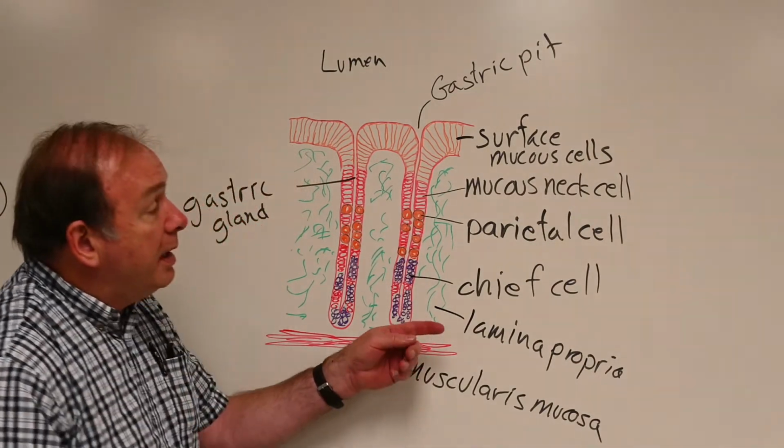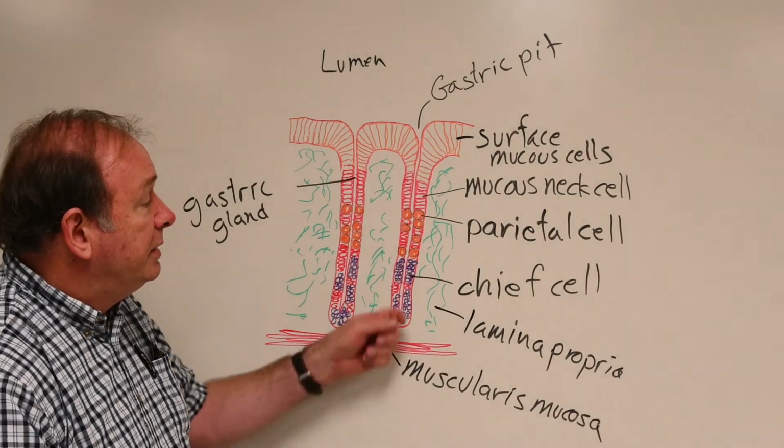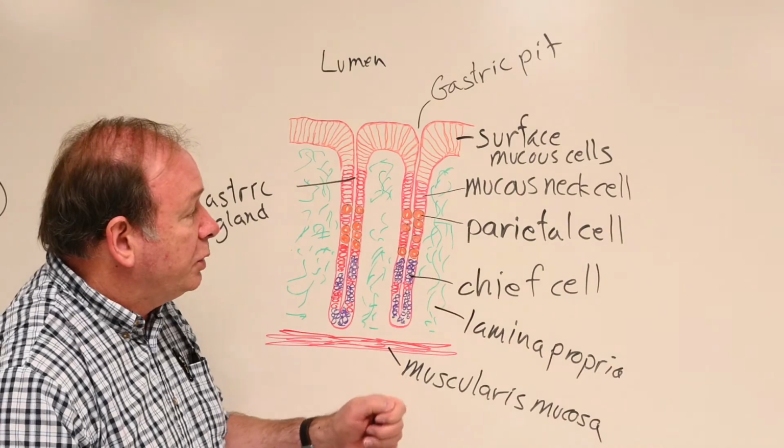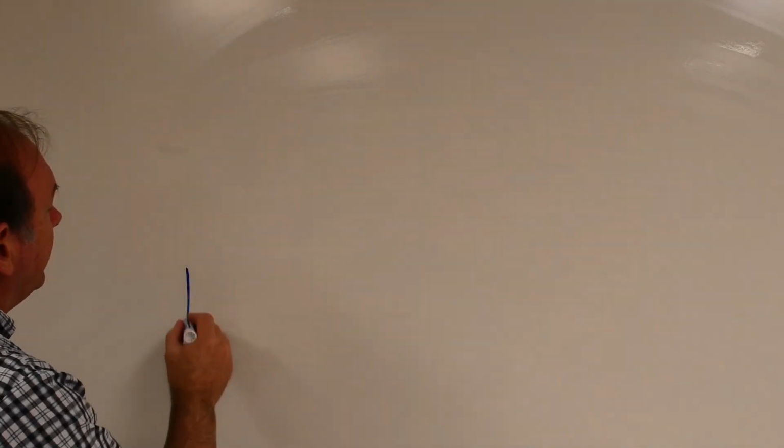Next, we're going to talk about the production of these digestive enzymes in the stomach. Short explanation of that. Okay, about the gastric secretions. The chief cells down deep in the gastric gland produce a precursor to the enzyme pepsin called pepsinogen.